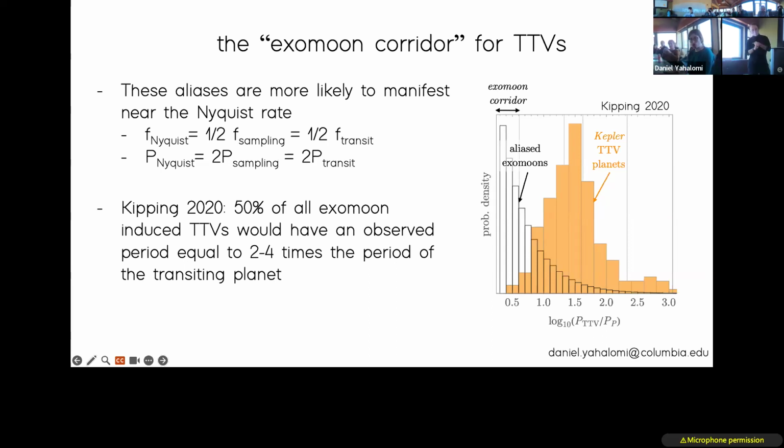So one that was similar to the solar system, 2 that were influenced by different formation models, and then one that was more agnostic to what the moon population might look like. And in all of those cases, if you sample a wide range of planetary parameters, you find that 50% fall right around this exomoon corridor.